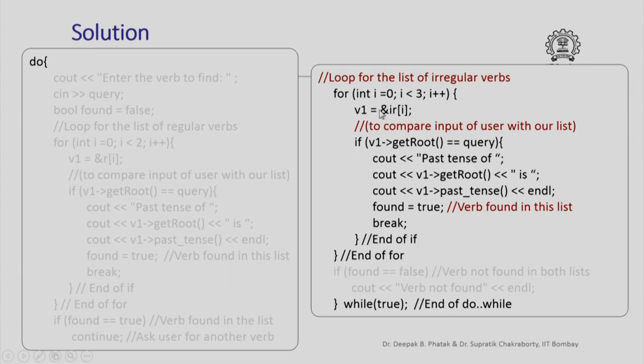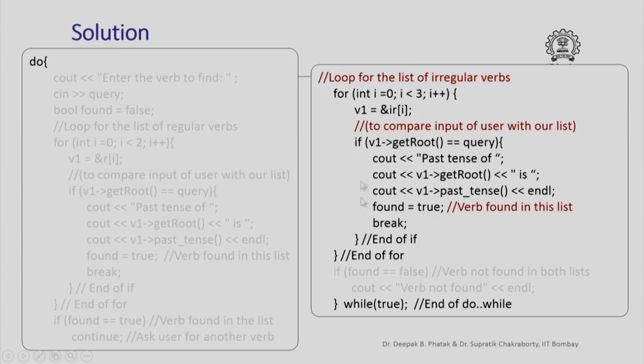So this is really an address of an irregular verb, but because the irregular class is derived from the base verb class, an object of the irregular class can also be thought of as an object of the base verb class, and therefore an address of an object of that irregular class can be thought of as an address of an object of the base verb class.